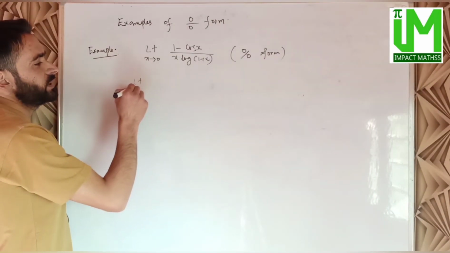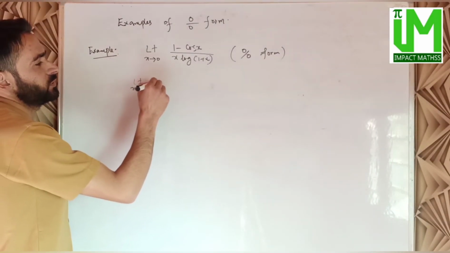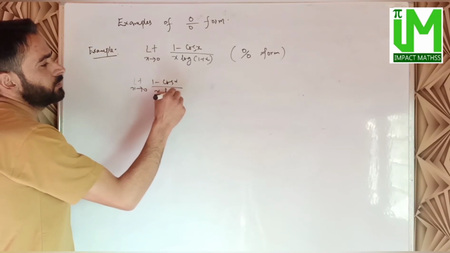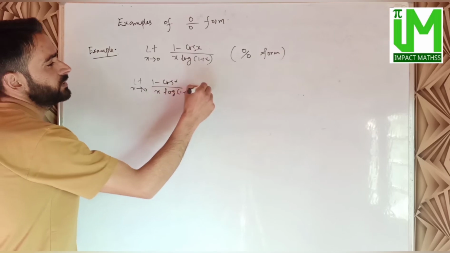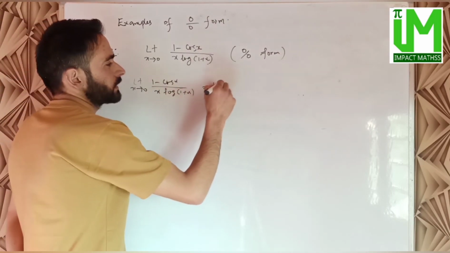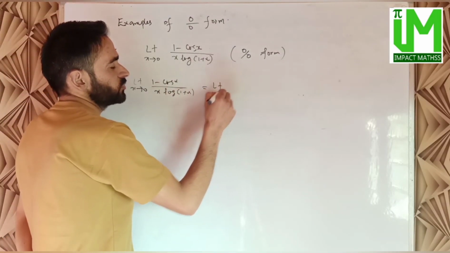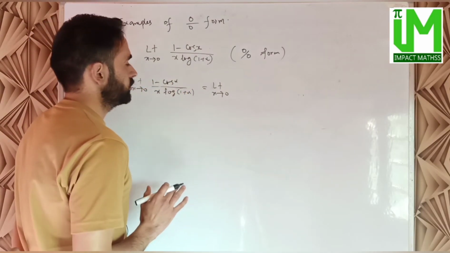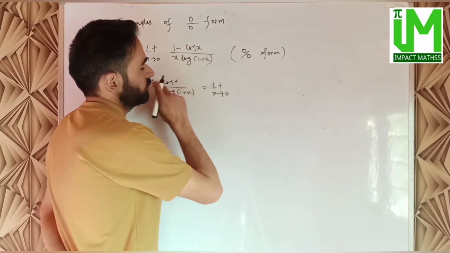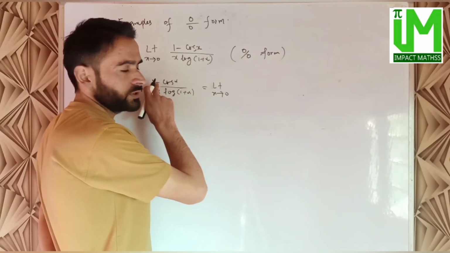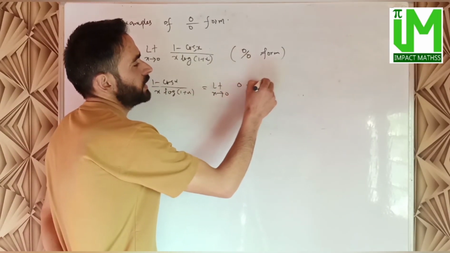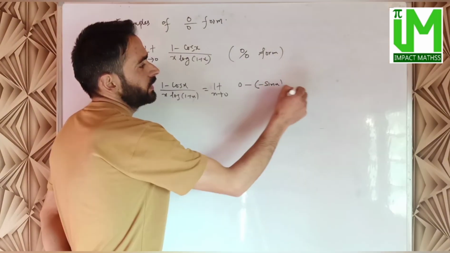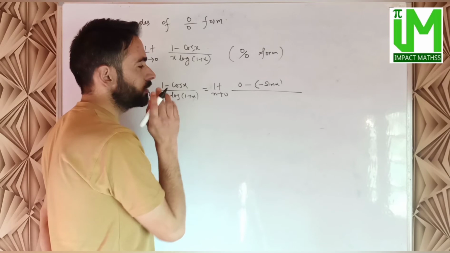So it will be limit x approaches 0 of (1 minus cos x) divided by x log of (1 plus x) equals, limit x approaches 0 of the derivative of the numerator divided by the derivative of the denominator. So the derivative of the numerator: 0 minus the differentiation of cos x, which is minus sin x, divided by x log of (1 plus x).